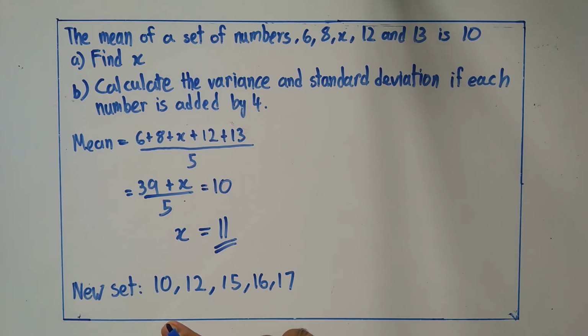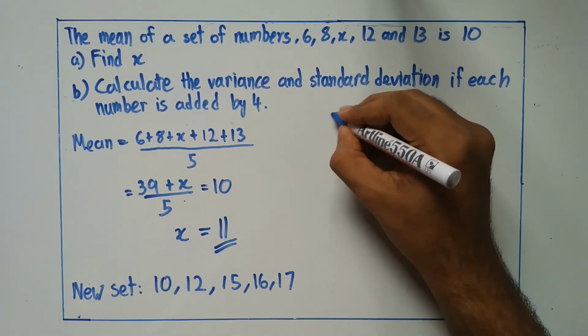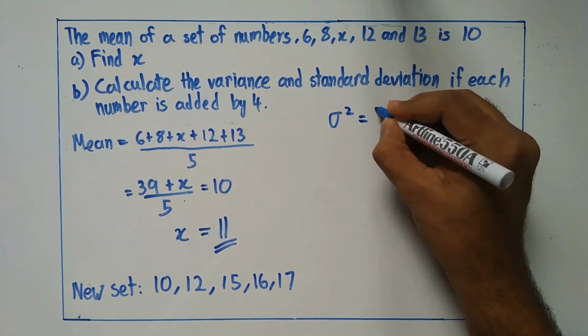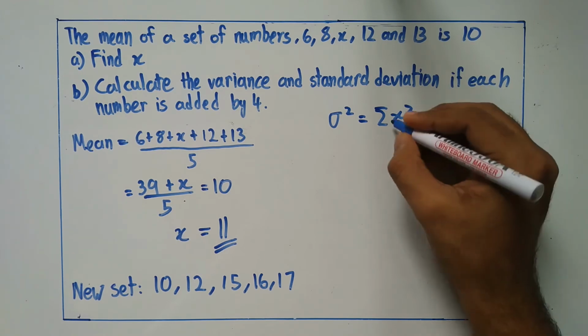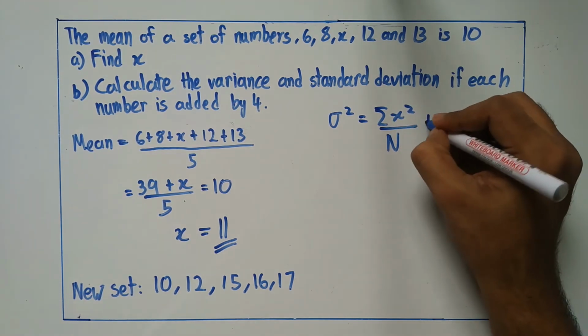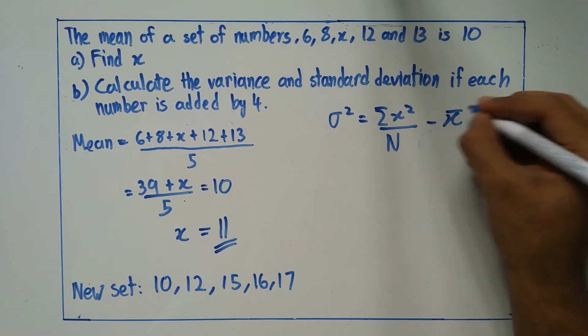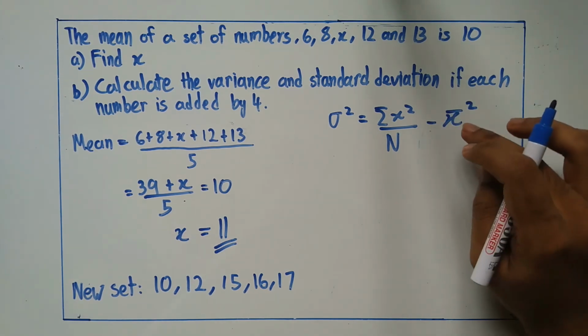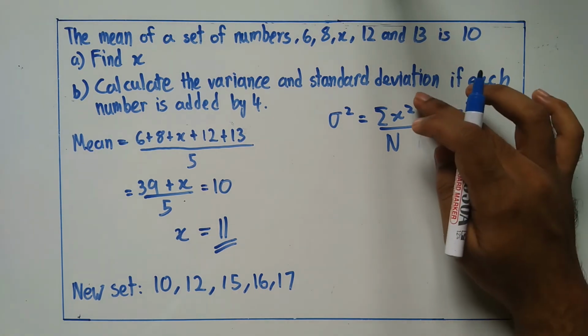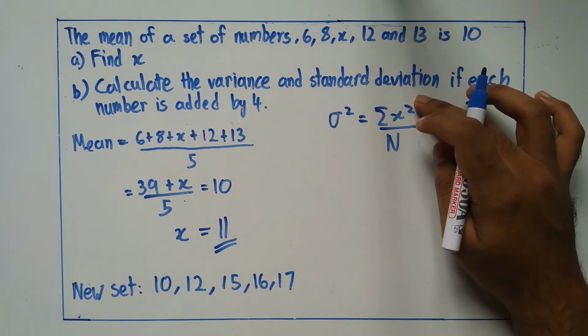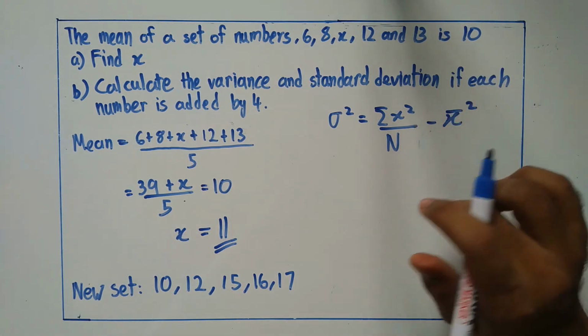To calculate the variance, we need to get these terms. We need to obtain the mean and we need to obtain the square of the numbers.